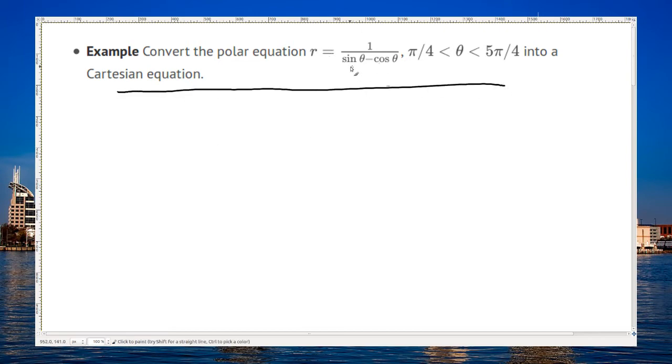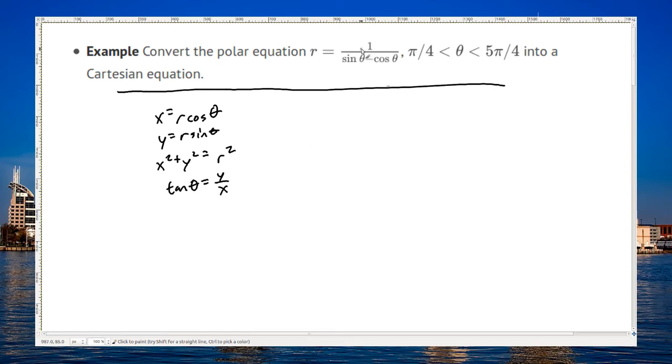And in order to do this, we'll need to remember things like x equals r cosine of theta, y equals r sine of theta, x squared plus y squared is equal to r squared, and finally we have that tangent of theta is equal to y divided by x.